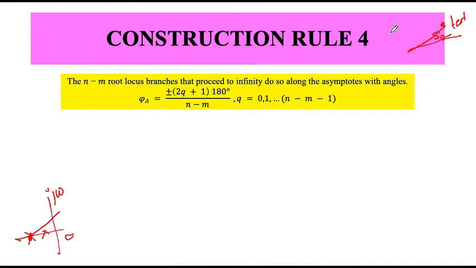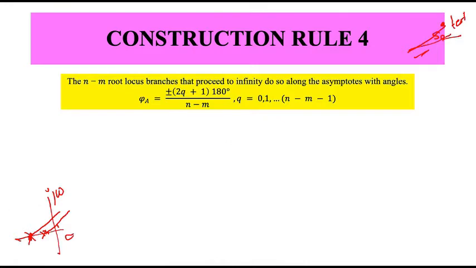Then again they meet here. So for this test point which is at infinity, what are these angles? Those are the angles made by the lines joining the test point at infinity.